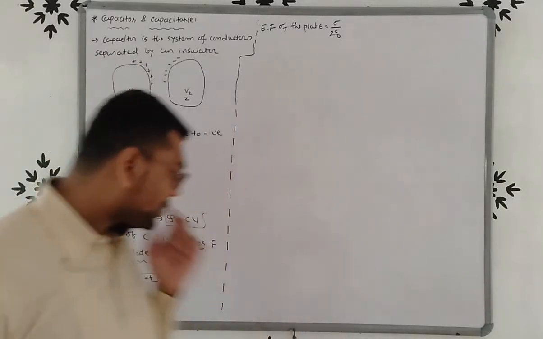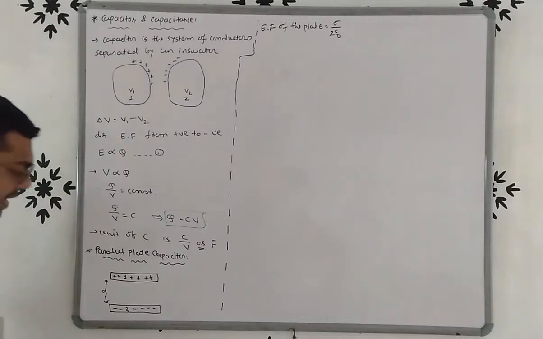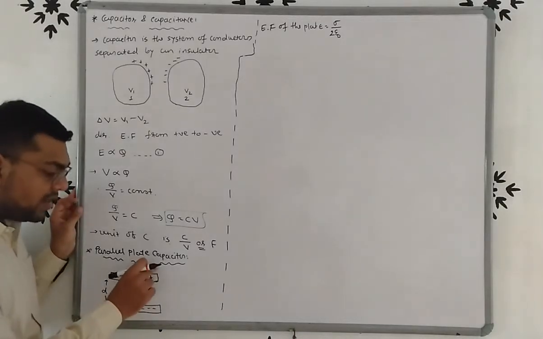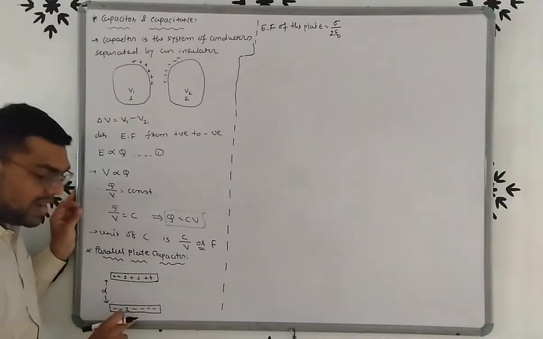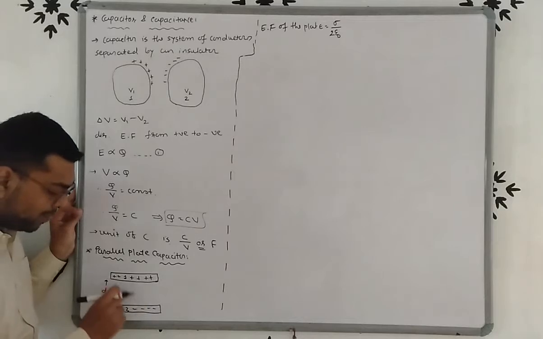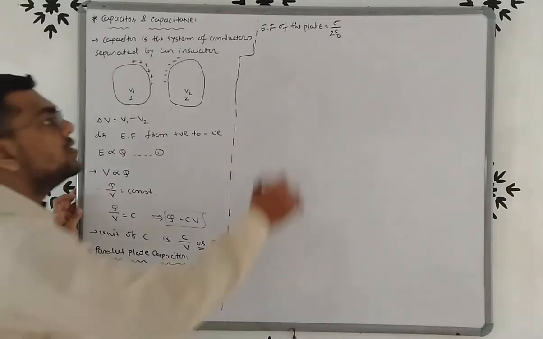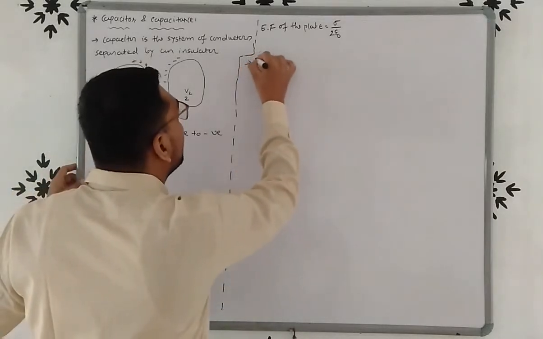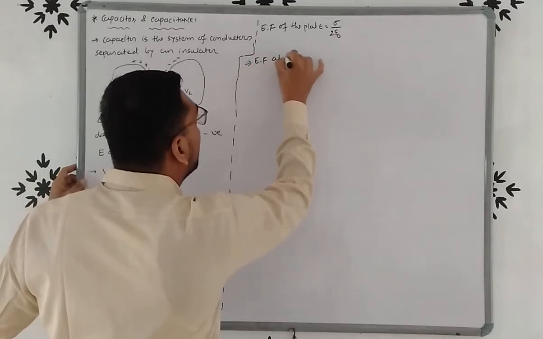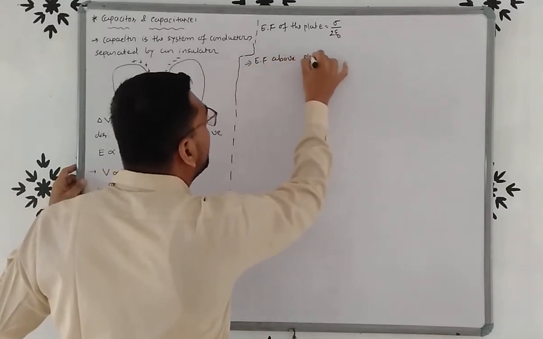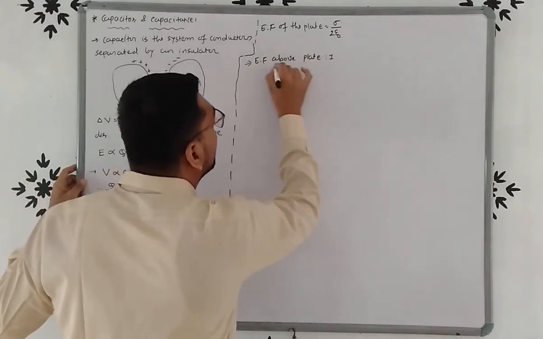Here we can find the electric field above plate 1, below plate 2, and between plate 1 and plate 2. First, the electric field above plate 1.